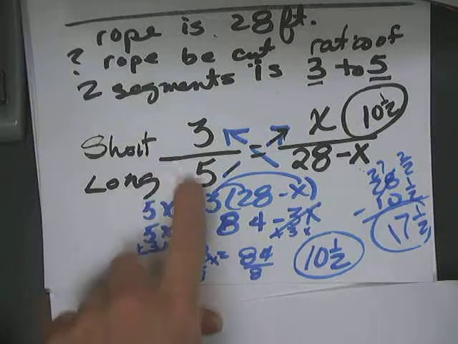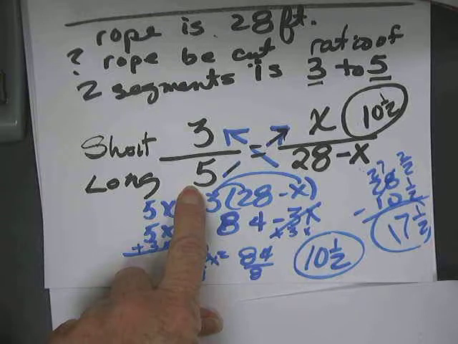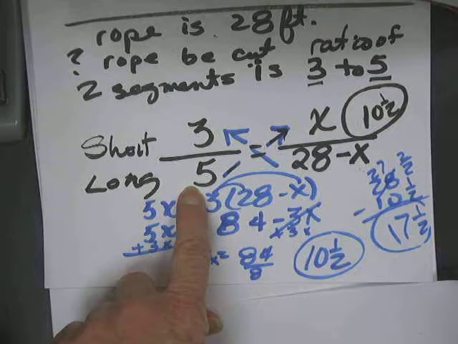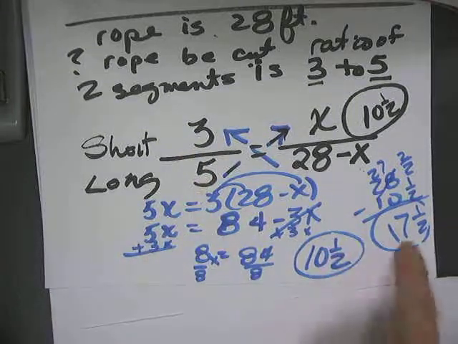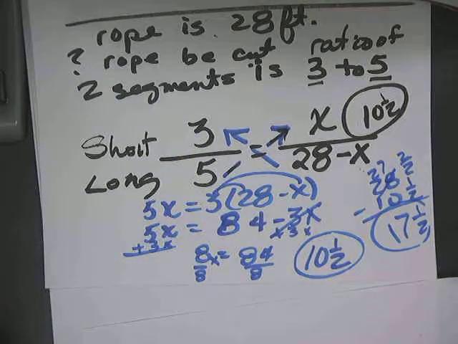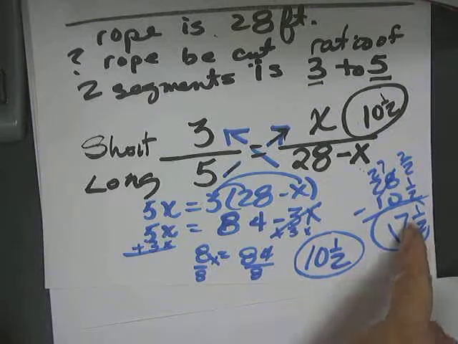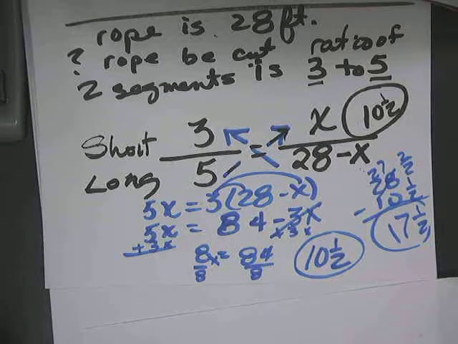And they will have a 3 to 5 ratio. If you multiply this by 5, oh, no, not multiply by 5. Probably multiply it by 3/5, huh? 5/3. I don't know.